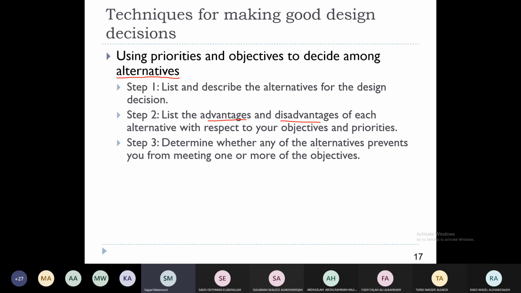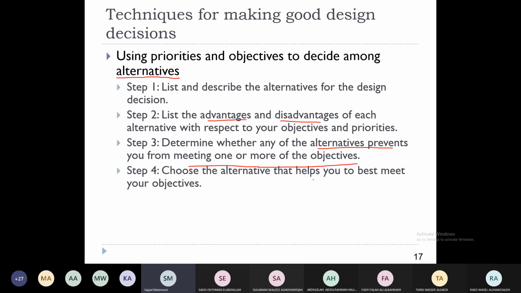You also understand that if I use a certain alternative, it may prevent me from meeting one of my objectives, so I cannot consider this at all, right? And then you look for alternatives which help you better meet your objectives, and eventually you go on and select that one.